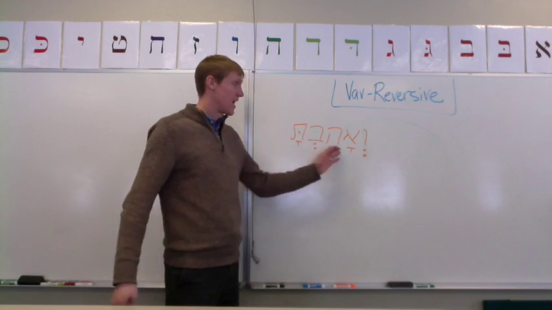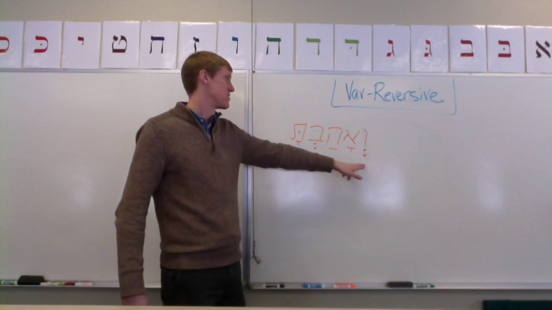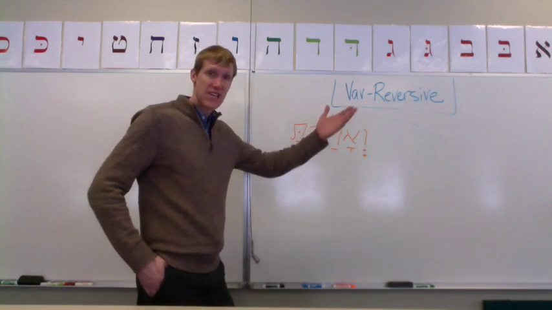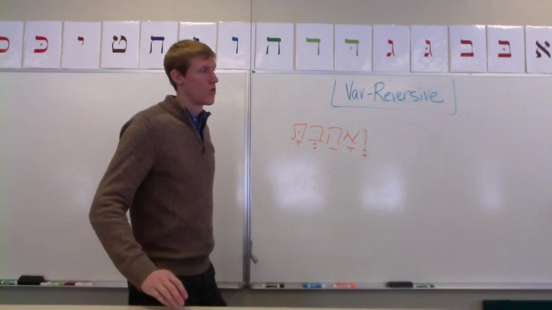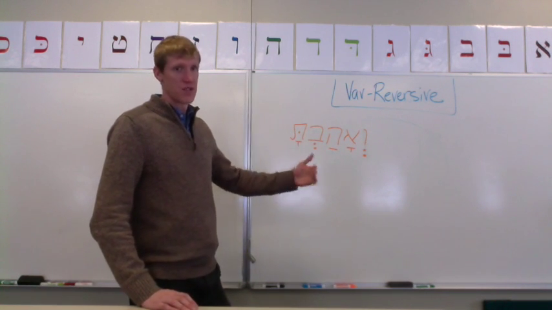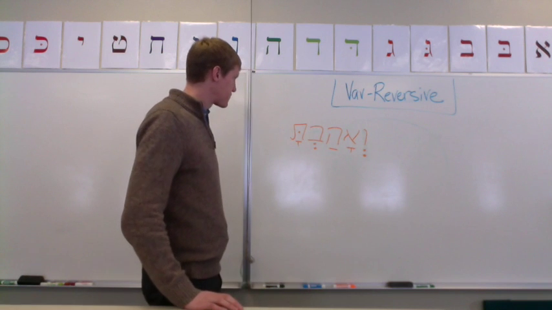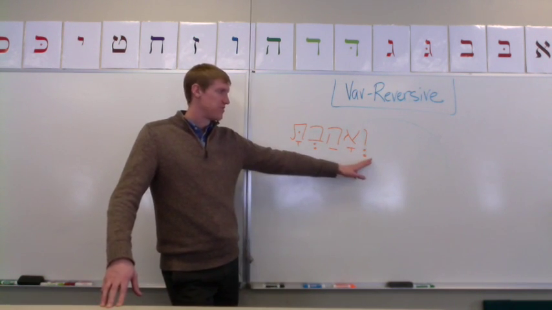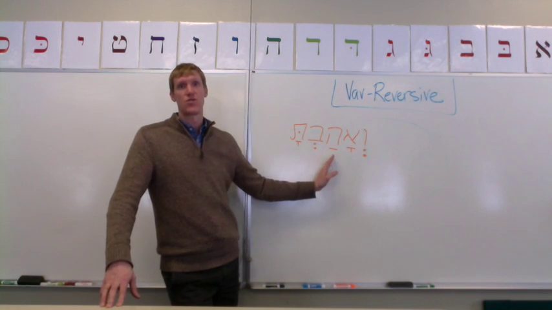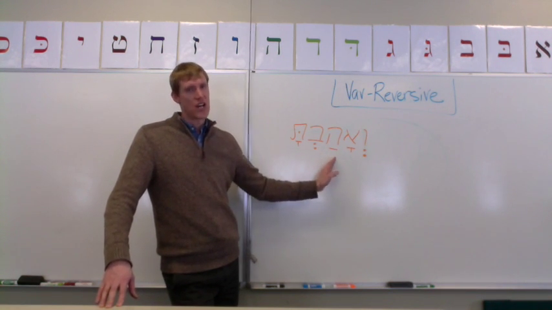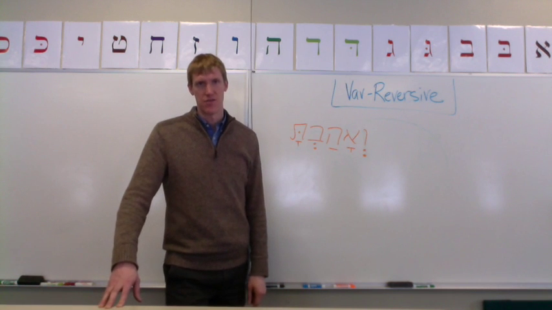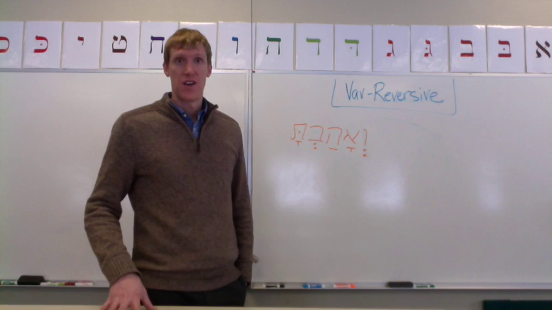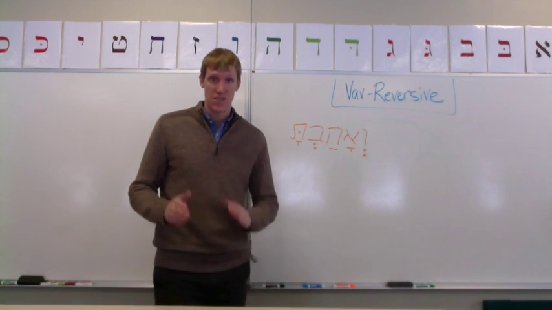Or is this actually talking about something in the past, and this vav is really just a vav connecting two things? So, and this happened, and this happened. Or, and this was completed, and this was completed. I would say, generally, if you have a vav with a shava connected to a perfect form, generally it's going to be a Vav-Reversive.